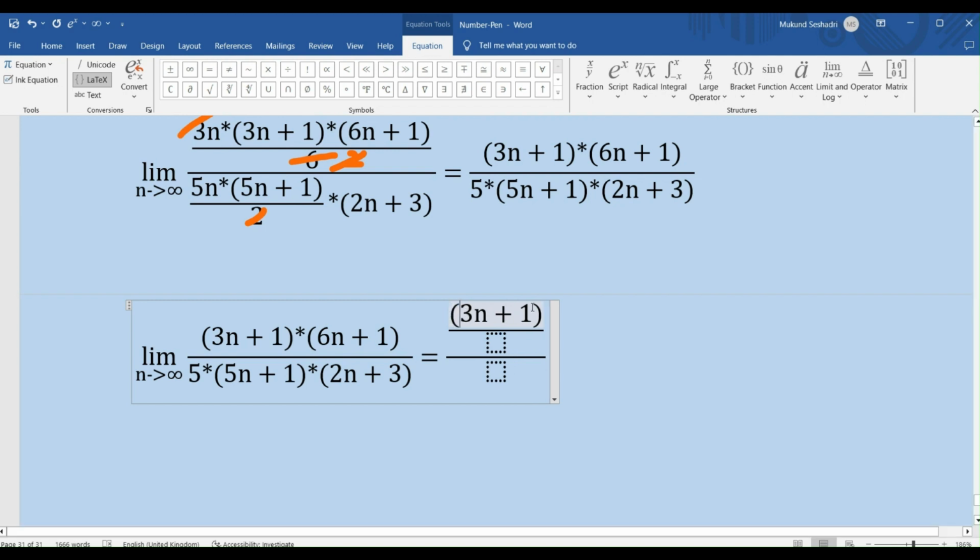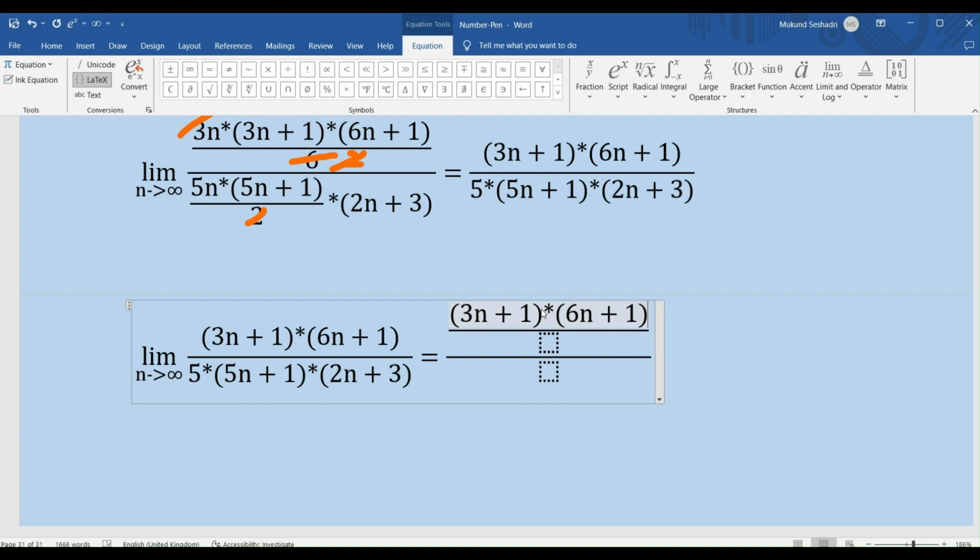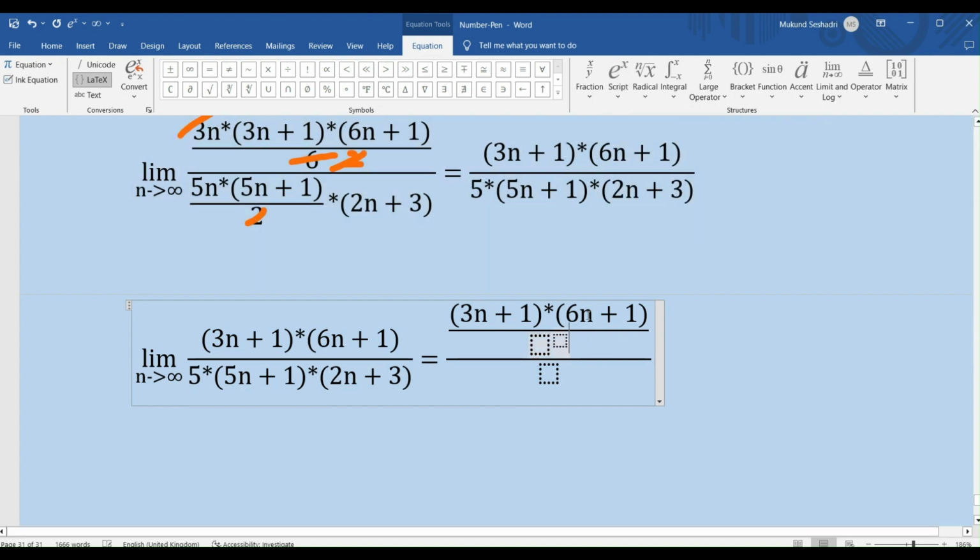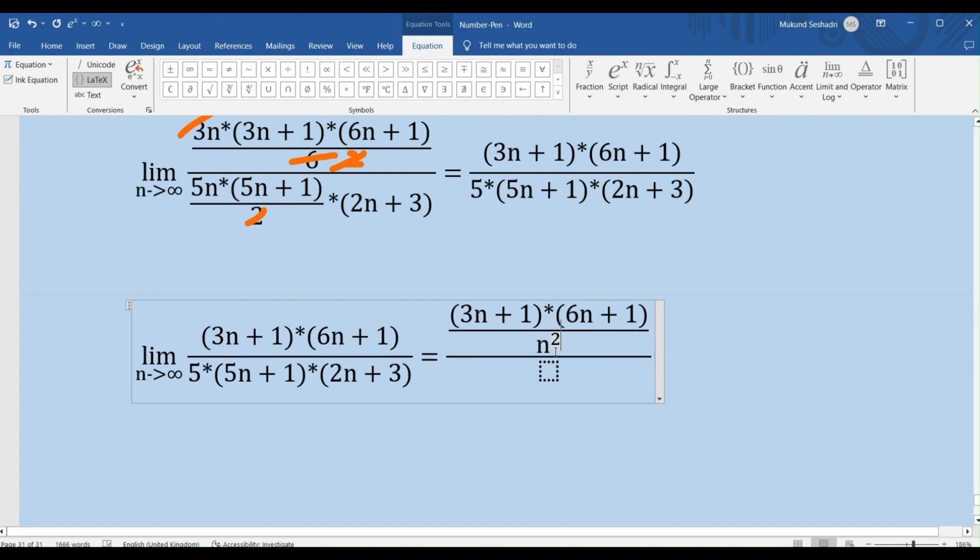So I have 3n plus 1 into 6n plus 1 divided by n square, right?